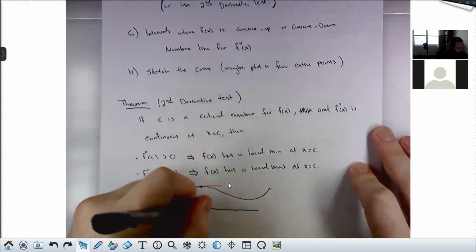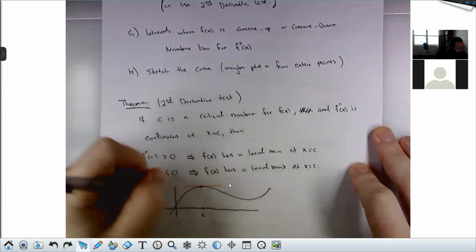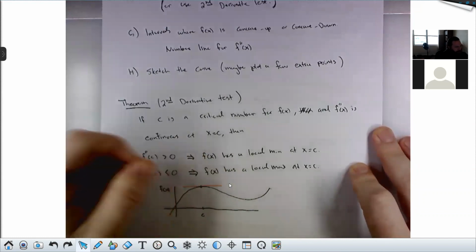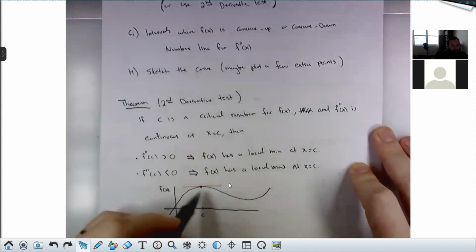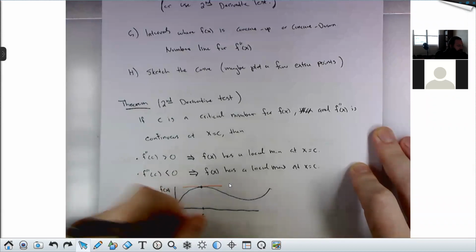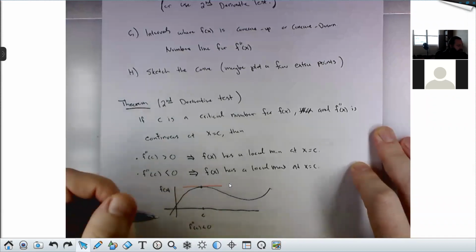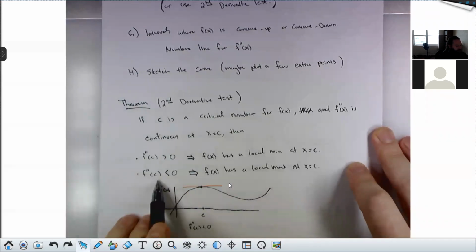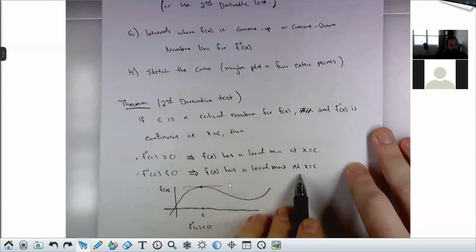I'll call this number right here c. This function is concave down right here, right? So f double prime would be negative. And that corresponds to what we're saying here, yeah? If f double prime is negative, less than 0, then f has a local max there.